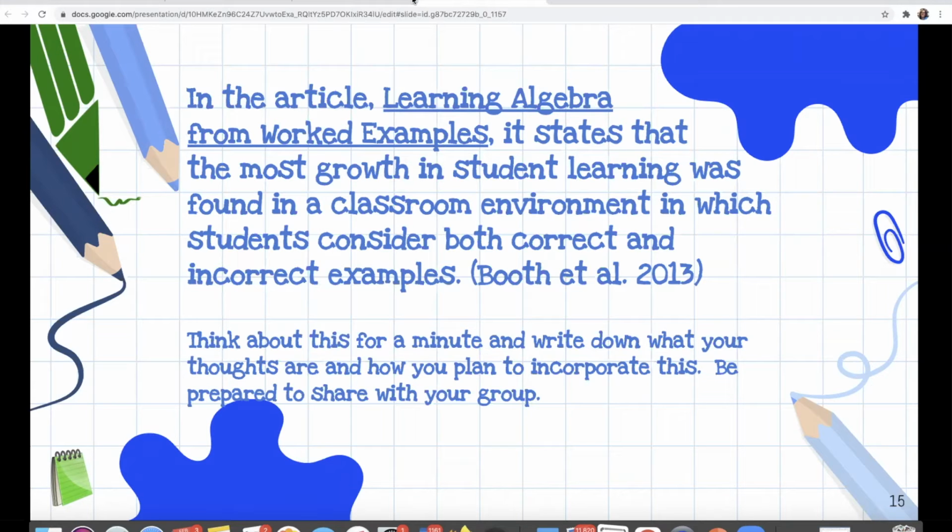In some of the research, some teachers are afraid to show an incorrect way to do it, thinking students will do it that way. But if you show them it's incorrect and you tell them it's incorrect, that's when it's powerful. They have to know that it's incorrect. That way they know to look for what went wrong, why it's wrong.